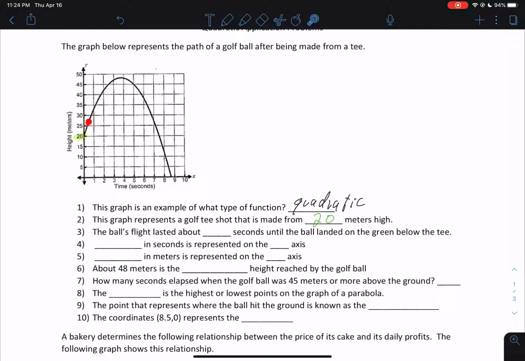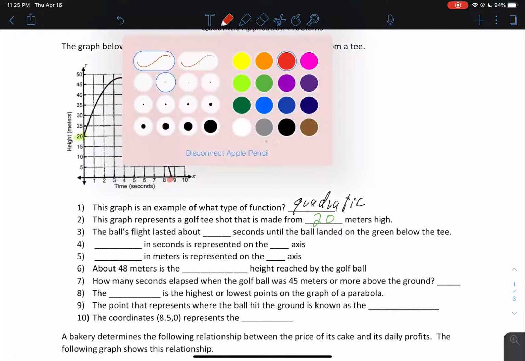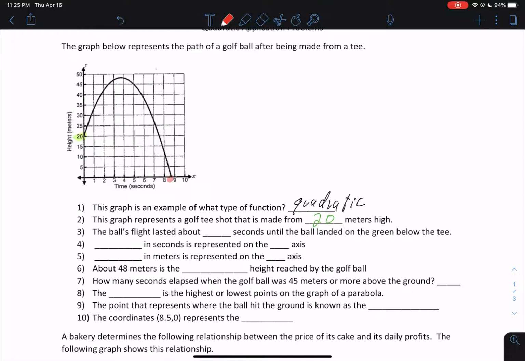The ball was flying, and when it hit the ground, here is when the flight ended. I would say it's about, let's say, 8.5 seconds until the ball landed on the green below the tee.